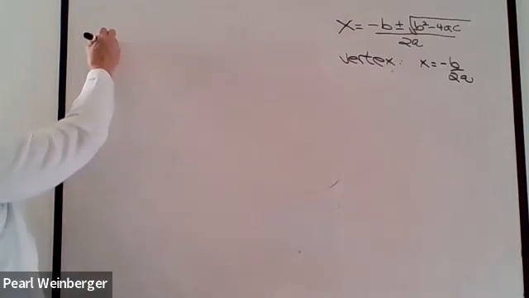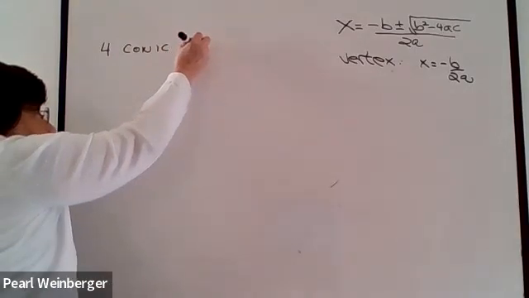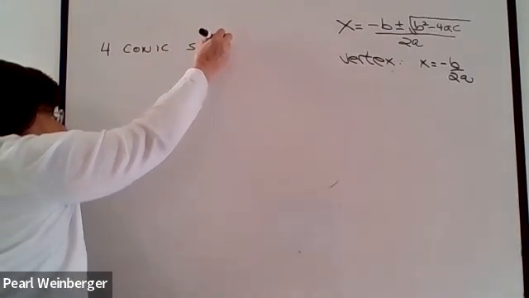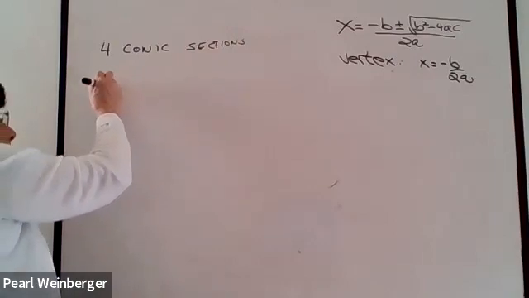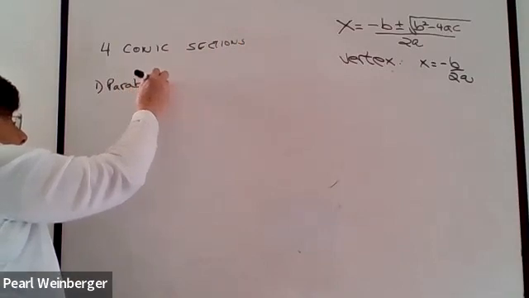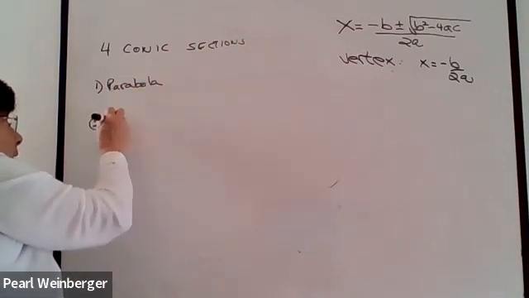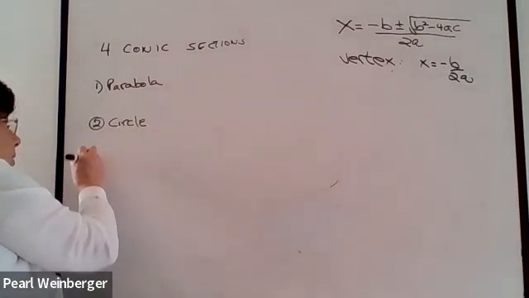So the four types of conic sections, as we said, are number one, the parabola. Number two, the circle. Number three, the ellipse.